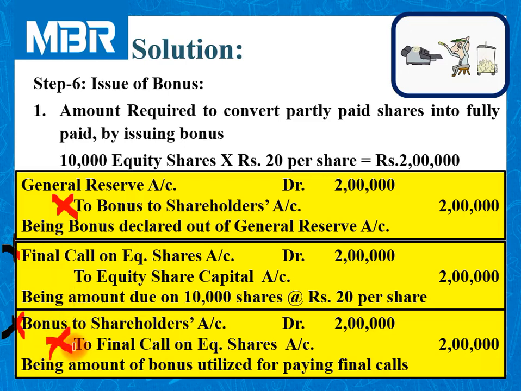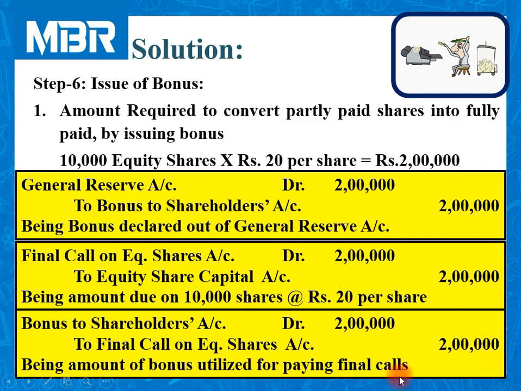So these accounts are automatically settled. So finally this transaction affects general reserve account by rupees 2 lakhs and equity share capital by rupees 2 lakhs. But we need to pass all three entries in order to follow the procedure.